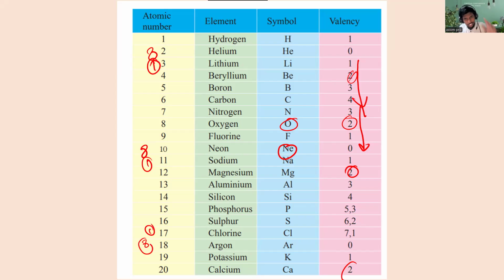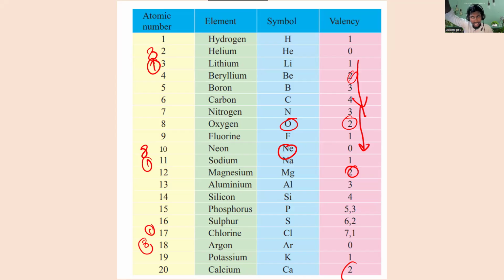So that is the valency: how many electrons they are going to lose. If you know the idea of covalent and ionic bonds, you will have the idea about valency. If you didn't get it, just take the periodic table chart and compare, then automatically you will get the idea.